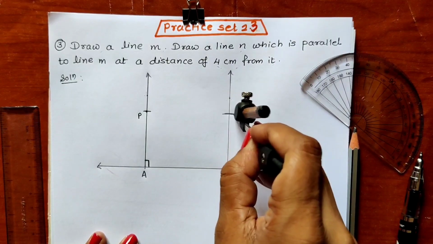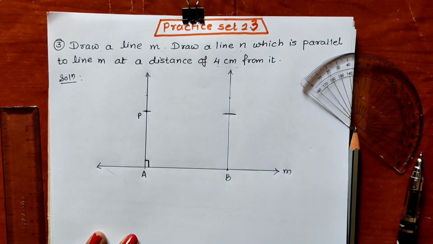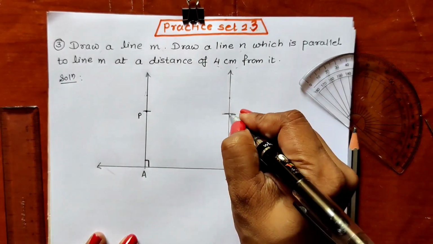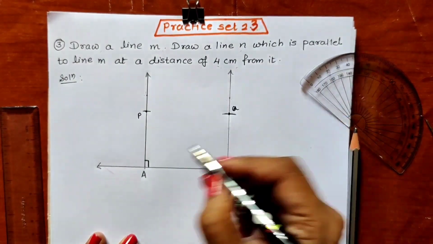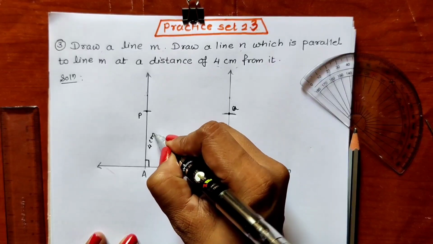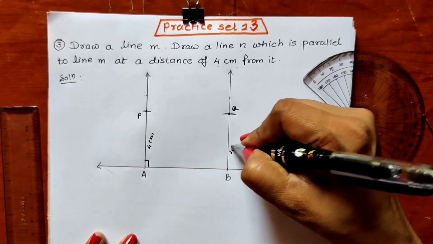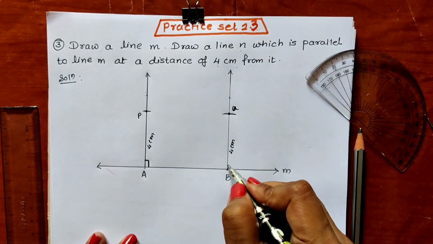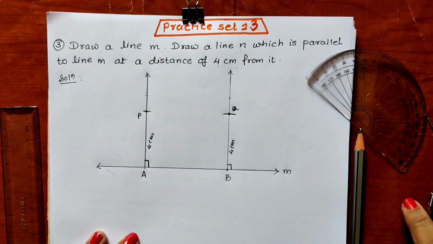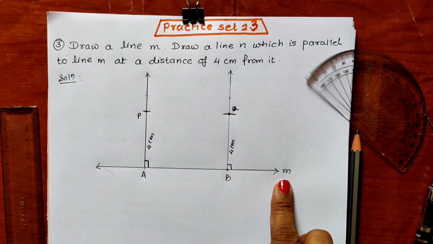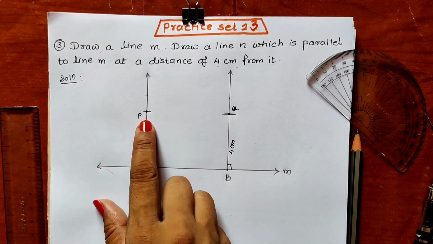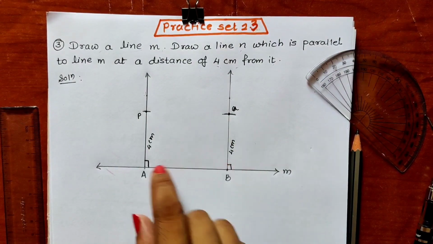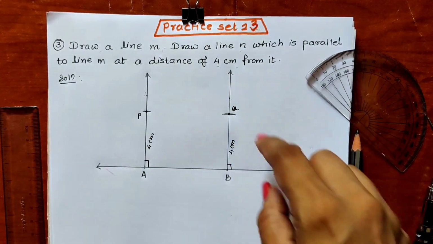So in this way I have to draw an arc, and then I can get a point at 4 centimeter. So this is also 4 centimeter distance, and this is also 4 centimeter distance. In this way we have drawn two perpendiculars on line M, and we have plotted two points on these perpendiculars which are at 4 centimeter distance from line M.